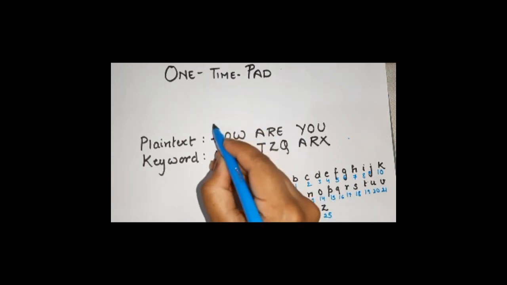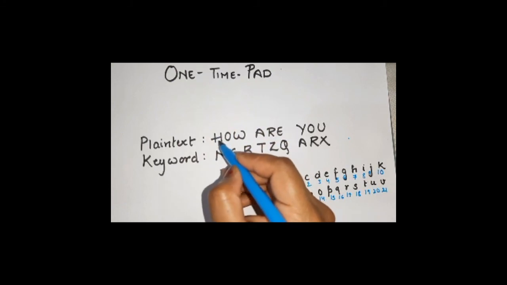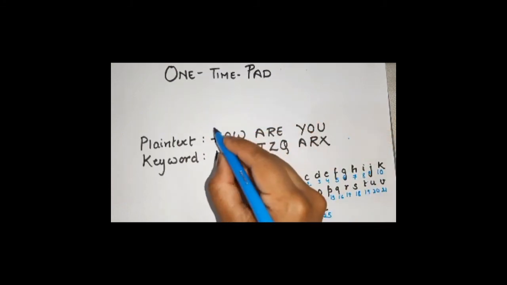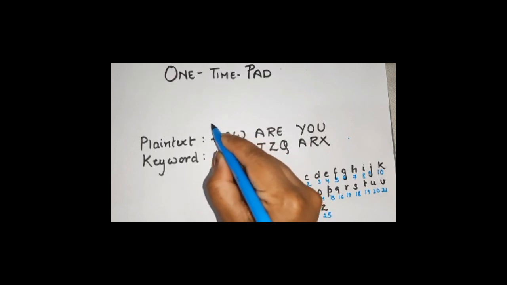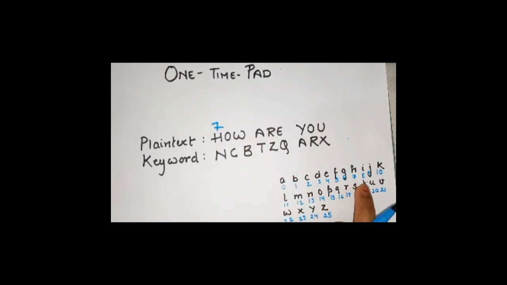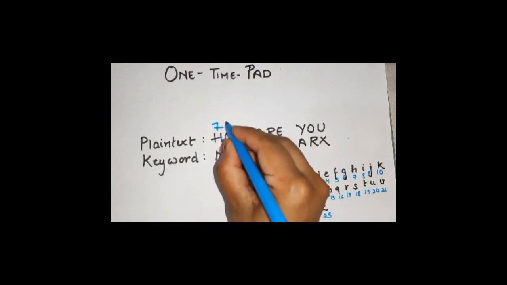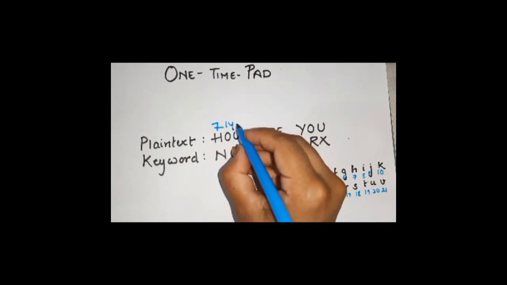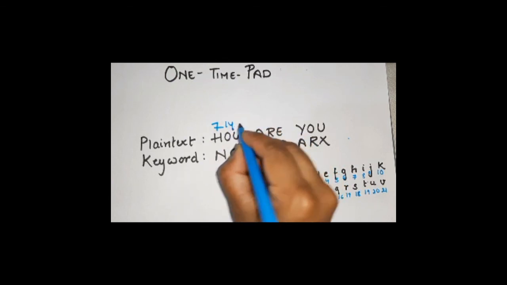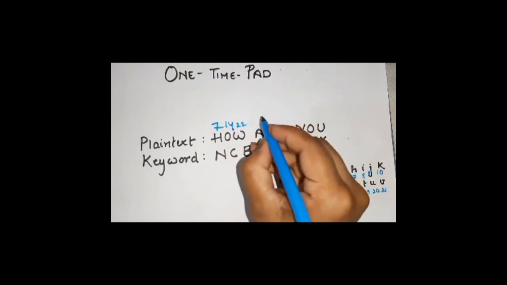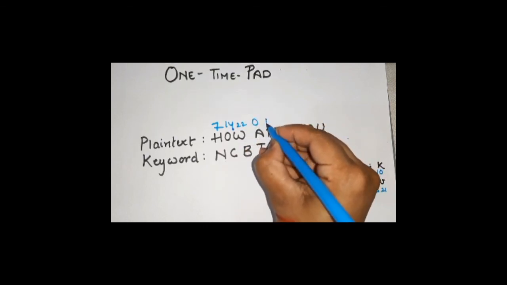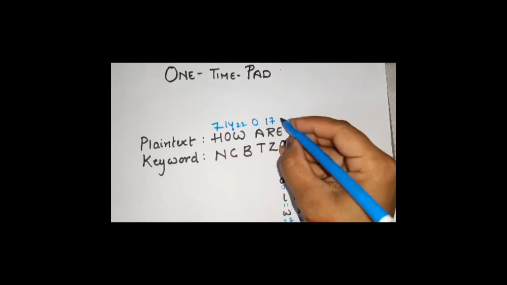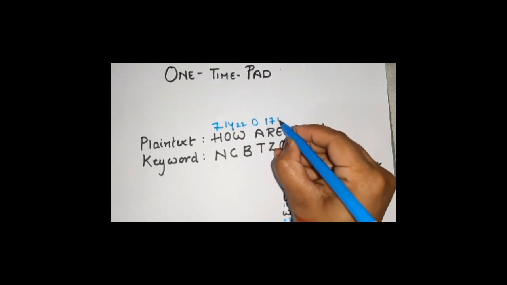See, first of all, find out the numerical values for alphabetical values for how are you. For H we have 7, and for O we have 14. For W we have 22. For A we have 0, no doubt at all. 17 for R. E is for 4.